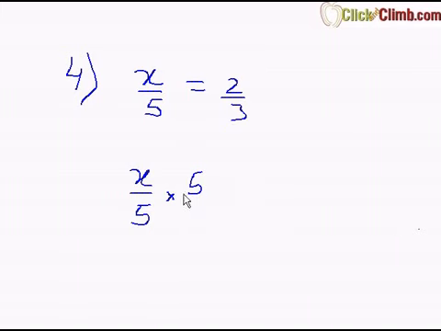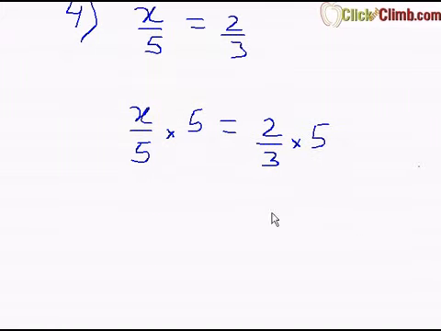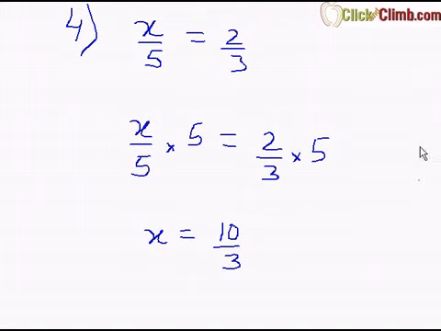So I have x over 5 times 5 equals 2/3 times 5. Now x over 5 times 5 becomes only x, and on the other side I have 2 times 5 over 3. I can see that 5 cannot be divided by 3, so I just write 2 times 5, that is 10 over 3. So the answer to the given linear equation is x equals 10 over 3.